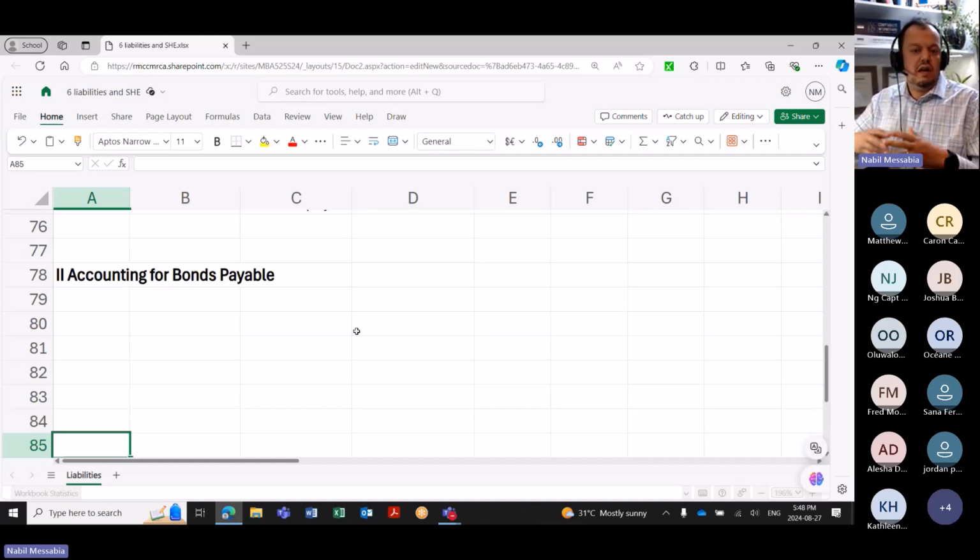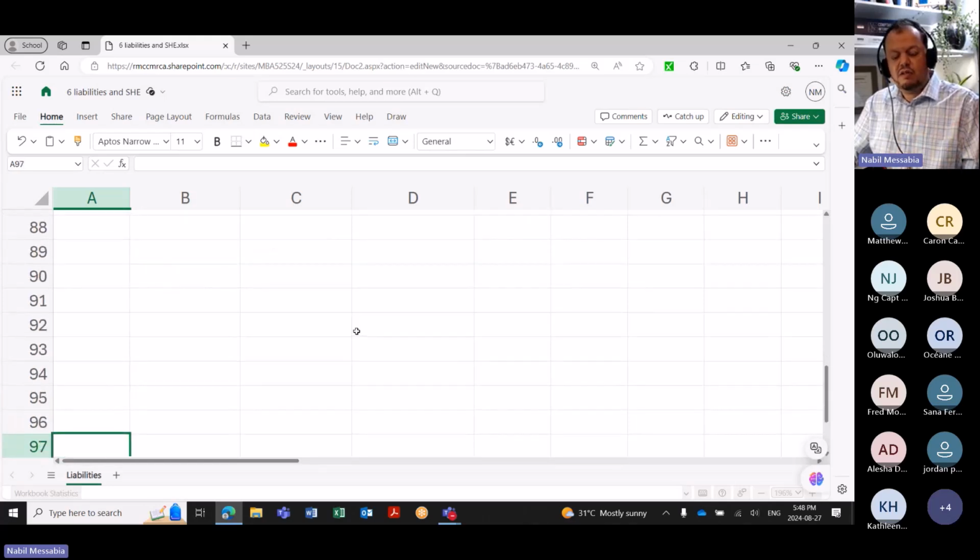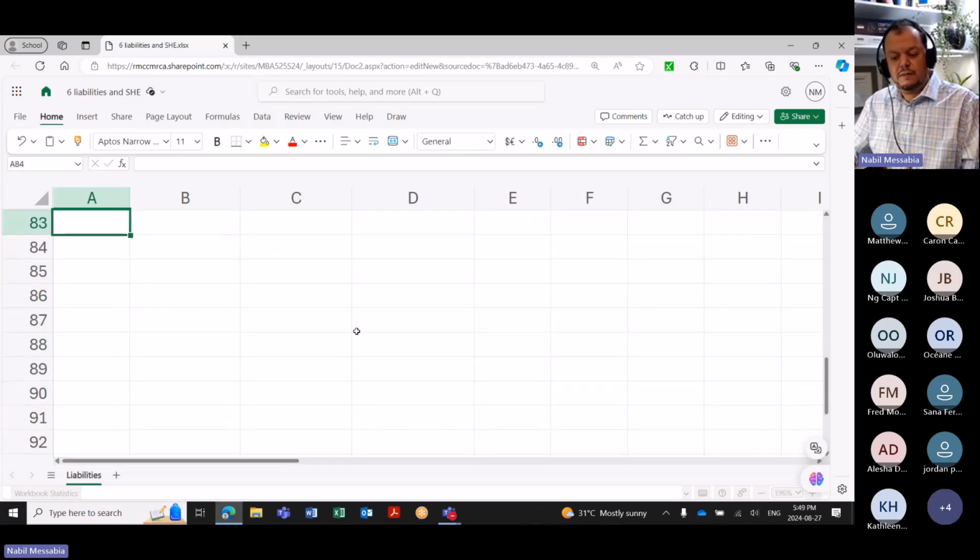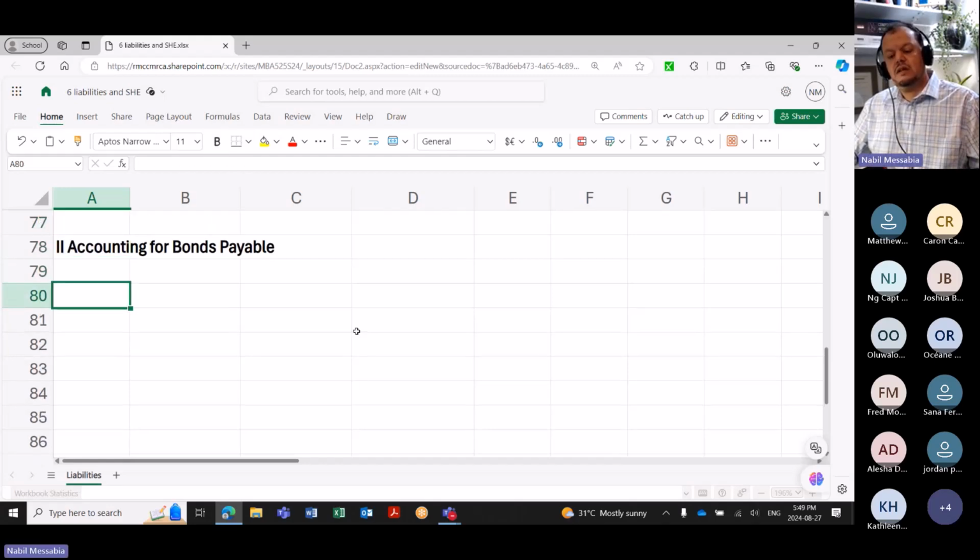In terms of balance sheet, it will appear as bonds payable on your statement of financial position. There is some complex calculation which relies on the present value calculation about how to account for these bonds. So let's make scenario 1.